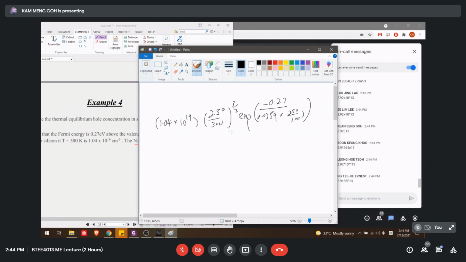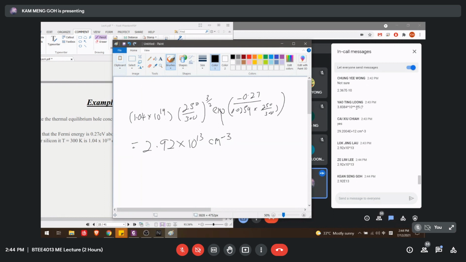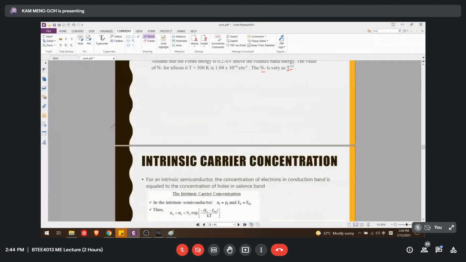So this is the doing step. You just need to put in everything, then you should be able to get the same answer as the rest of you. Since most of you are getting the same, I believe there's no doubt. 10 to the power 13 cm to the power negative 3. Okay, so for Long Yao Ting and Wang Chongyi, you might need to check the answer again.